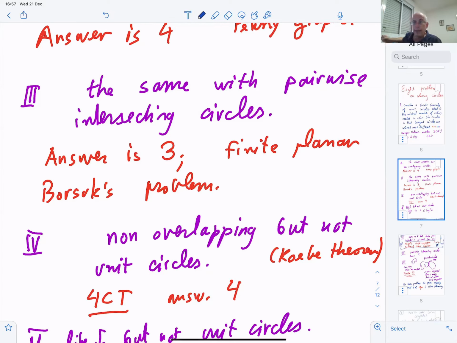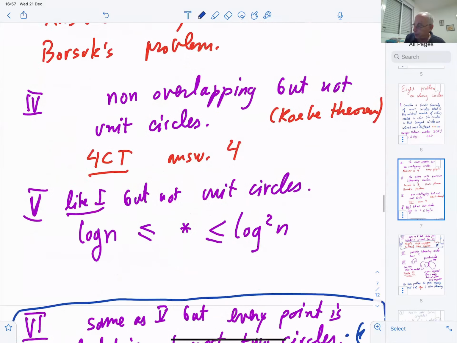You look at the circles, and if they are non-overlapping, it means that the graph represents the maximum distance. Then the Borsuk problem says that you can divide them into 3 parts. And if they are non-overlapping but not unit circles, then again you can apply Koebe's theorem and the 4-color theorem, and the answer is 4.